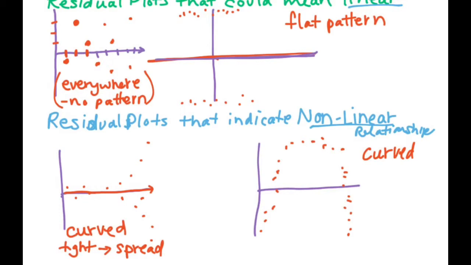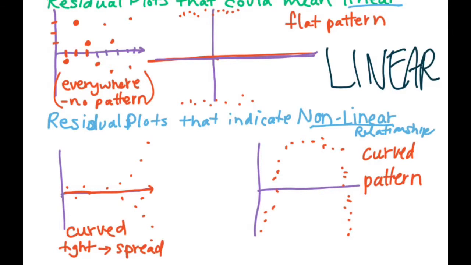Basically we can see that there's a pattern, and the pattern looks like it's quadratic, right? So these are the things we don't want to see. The ones up here on the top, if it looks like one of these, it's linear. Down here, the main thing we want to look at is if it's linear or nonlinear.